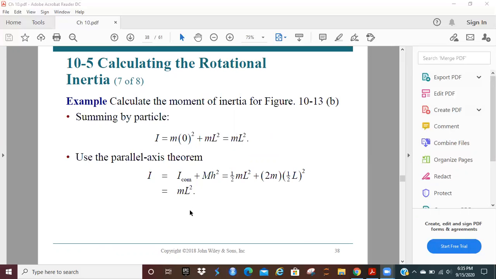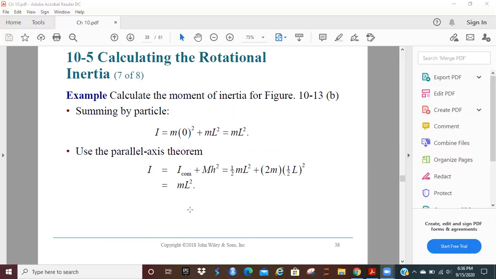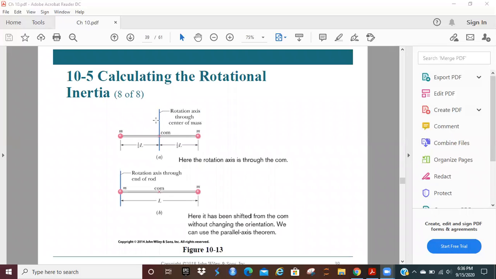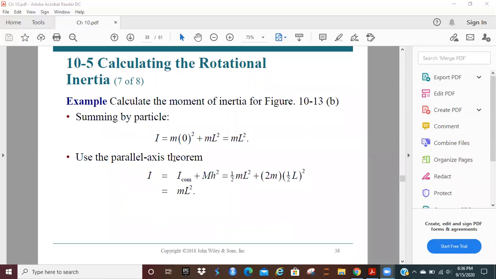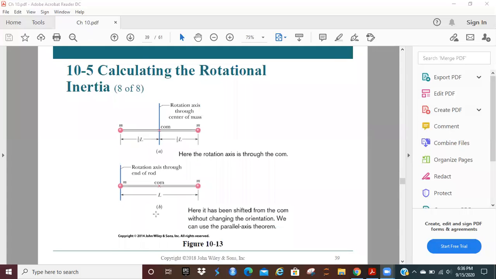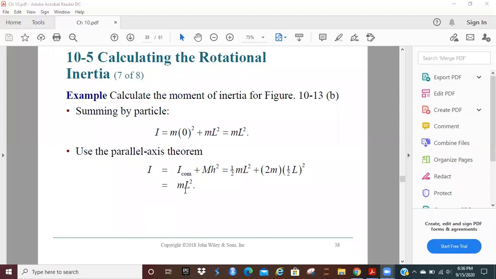If we were to use the parallel axis theorem, then we would have the moment of inertia as it rotates through here plus Mh squared. So if we go through and we determine, we know what the moment of inertia is here. I'll leave you to figure that out.